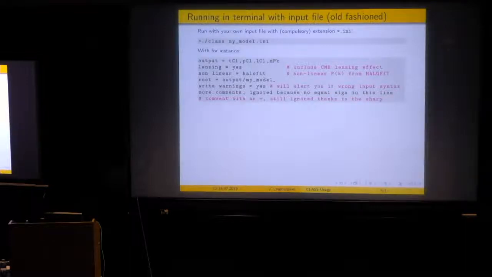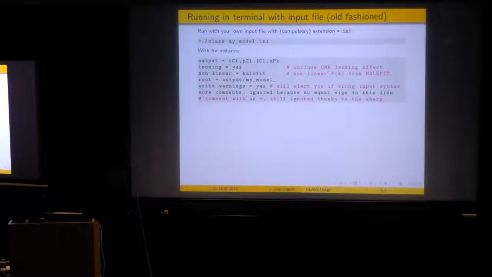Okay, so now I suggest that you try to write your mini input file. And this is a very short one. And really, you see that you don't have to be scared about the length of explanatory.ini. You should never run with a full explanatory.ini. So I assume that you, with your editor, create a mymodel.ini.